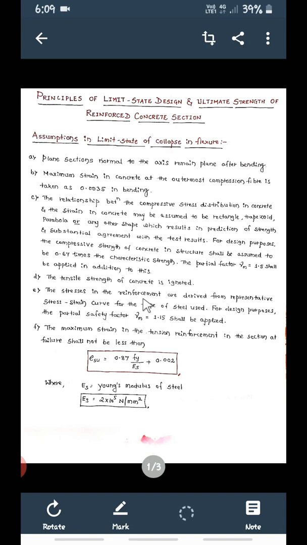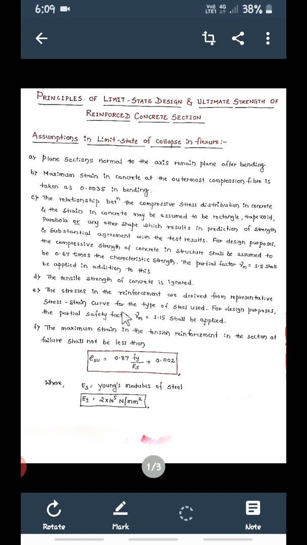The stresses in the steel bars are derived from the representative stress strain curve for the type of steel used. For concrete we are going to consider 0.67 times, divided by 1.5, for the maximum compressive stress in concrete.